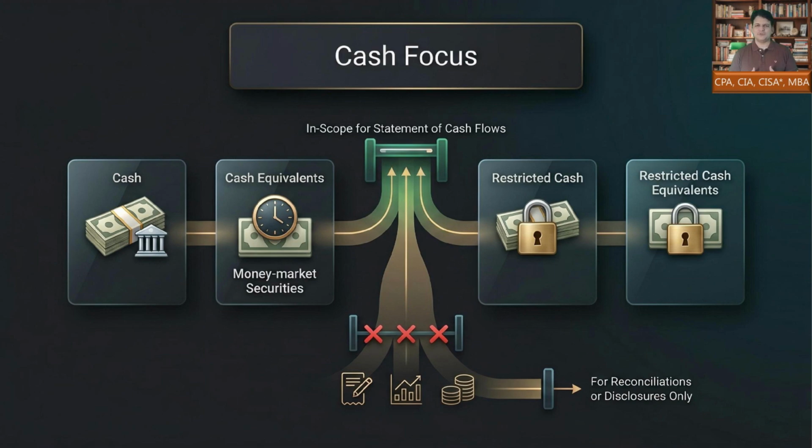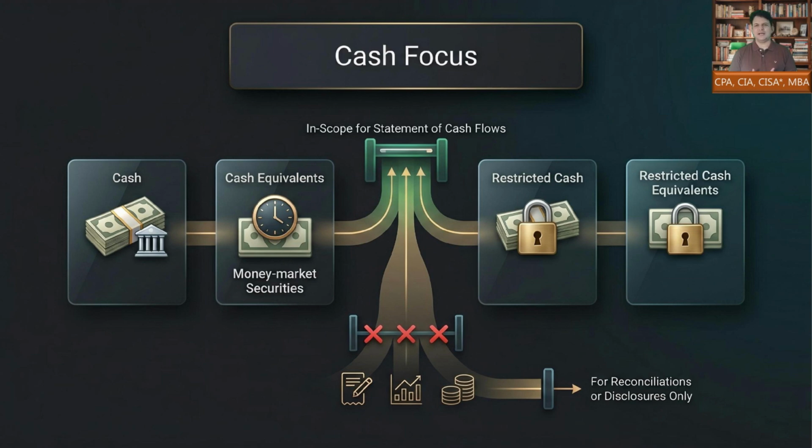The statement captures cash, cash equivalents, restricted cash, and restricted cash equivalents in the beginning and ending totals. Cash includes currency and demand deposits. Cash equivalents are short-term, highly liquid investments that are readily convertible to known amounts of cash and have insignificant risk of value change.